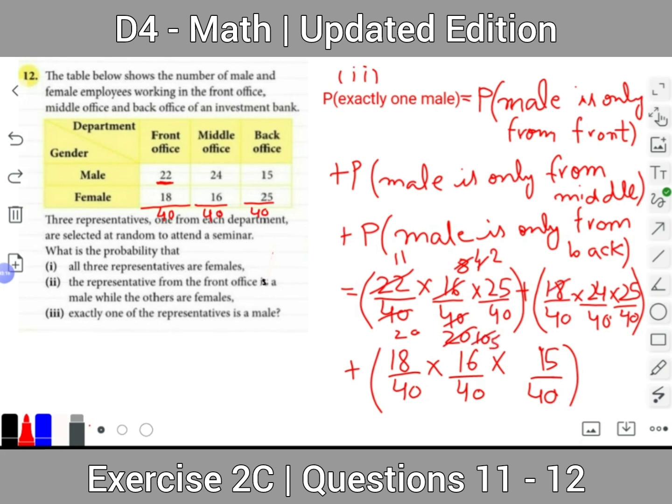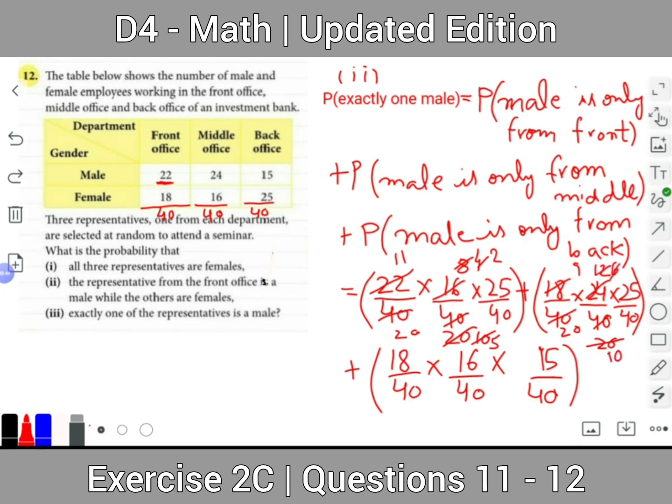Now here we have 2 9s are 18 and 2 20s are 40. And here we have 2 1s are 2 and 2 2s are 4, and this is 20. Now we have 2 6s are 12 and 2 10s are 20.